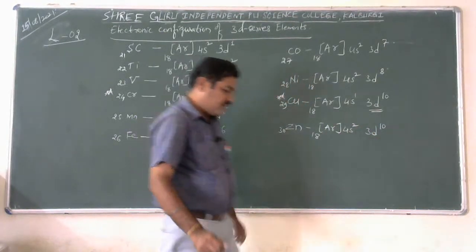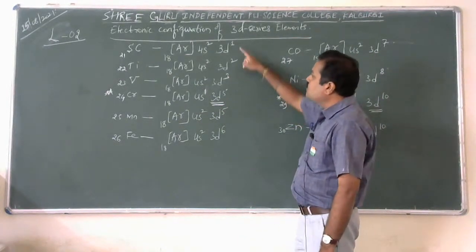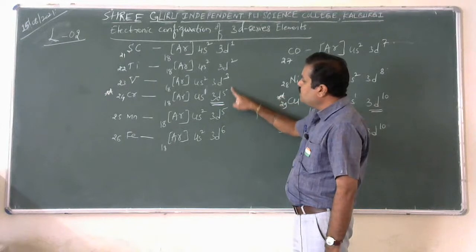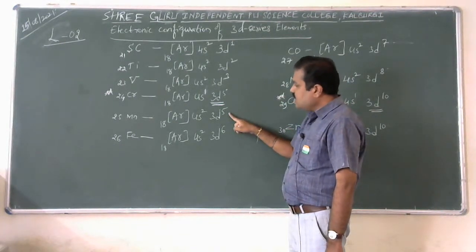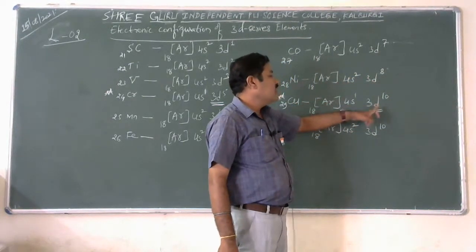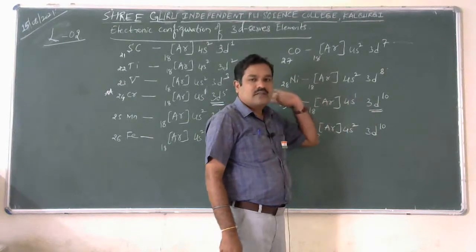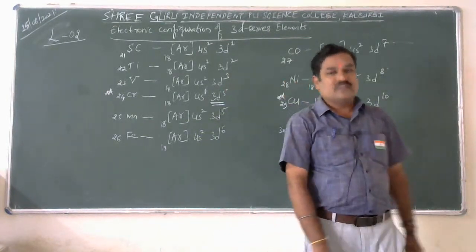So like this, say here 3d orbitals you are observing are successively filled. D1, D2, D3, D4 is not there, D5, once again D5, D6, D7, D8, D9 is not there, D10. D4 and D9 are not there because they do not obey the Aufbau principle.